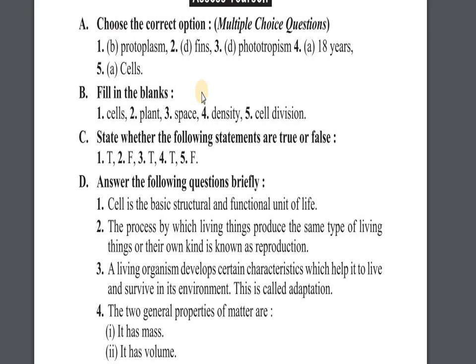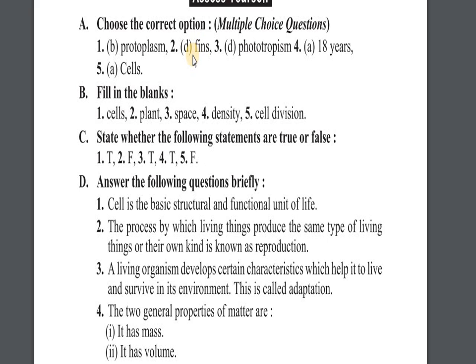So let's start. First, A, take the correct option. The question is, the cell itself is made up of, and the answer is B, protoplasm, and this is on page number 11. Question second, fish swims with the help of, and the answer is D, fins.